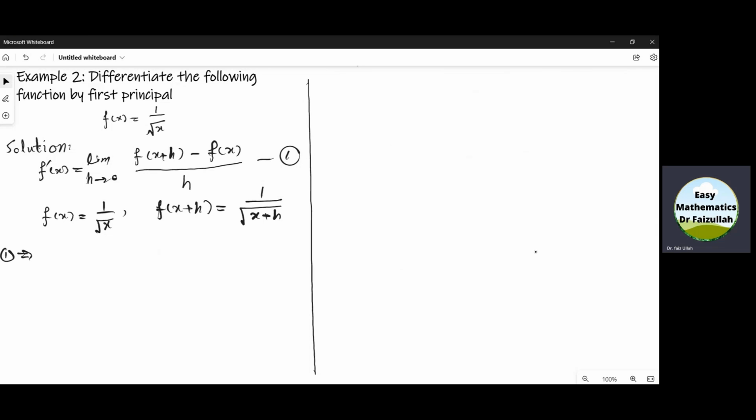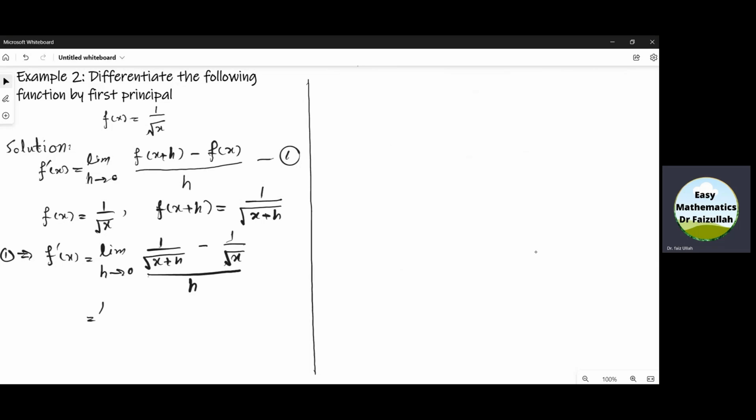Substituting these values in 1, we have f dash of x is equal to limit h approaches 0, 1 over under the root x plus h minus 1 over under the root x, divided by h.